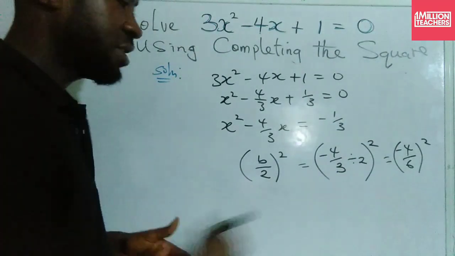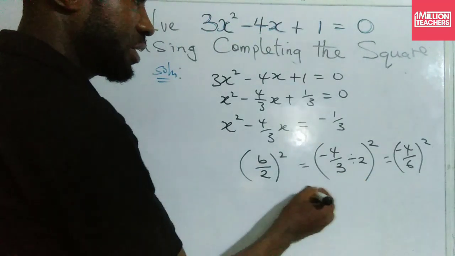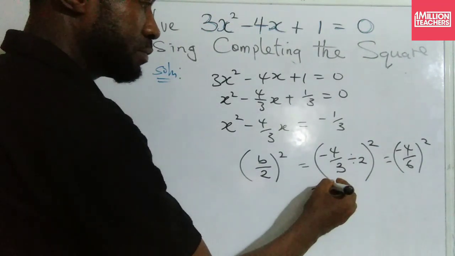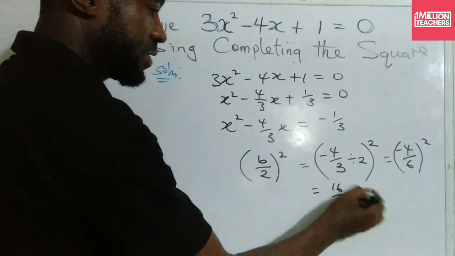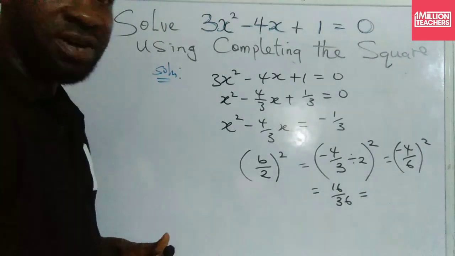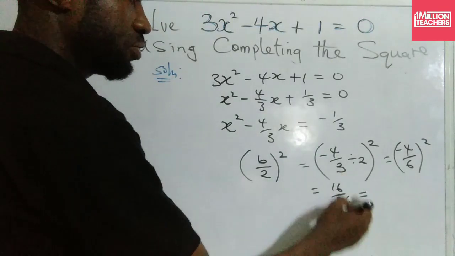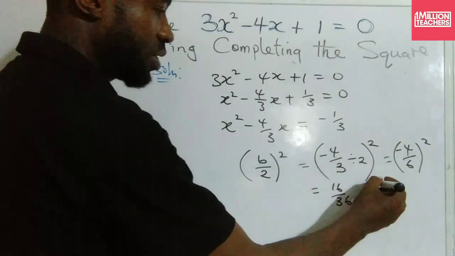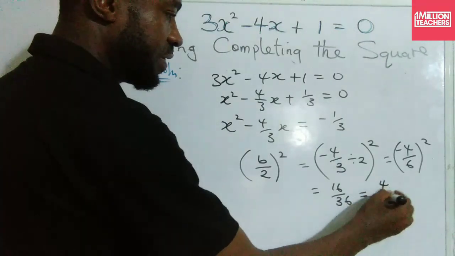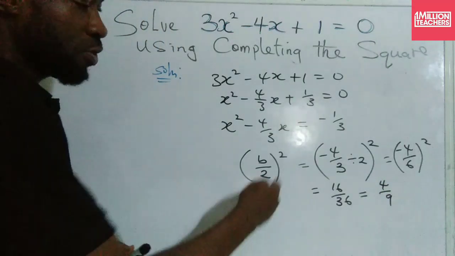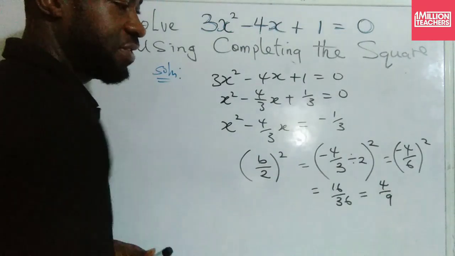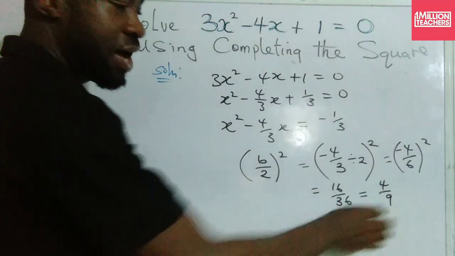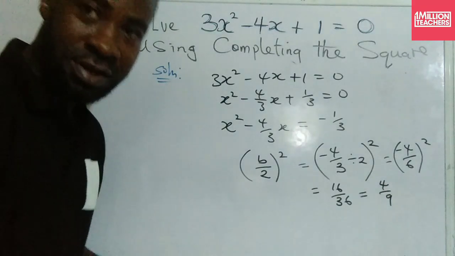And if you simplify this further, that will give us 16 over 36. And if you also simplify this further by dividing through by 4, that will give you what? 4 over 9. So our b over 2 all squared, the value is 4 over 9. So this is what I'm going to add to both sides.